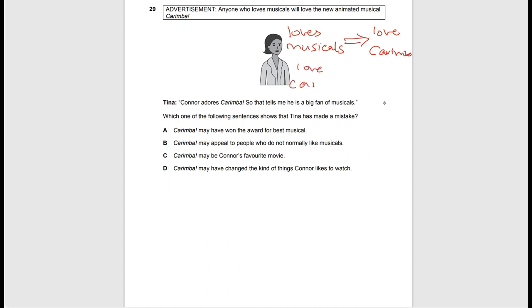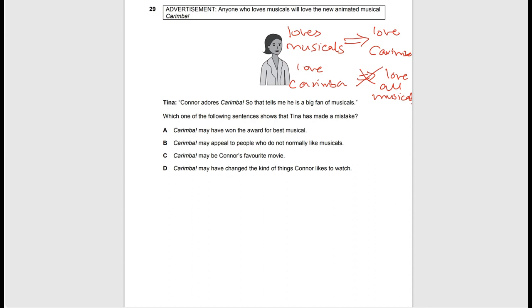But that doesn't mean someone that loves Karimba, let's put a cross through it, will love all musicals. We can't say that. Just because they like this particular musical doesn't mean they'll like all of them. But if someone loves musicals, they will love Karimba. So which one of the following sentences shows that Tina has made a mistake?